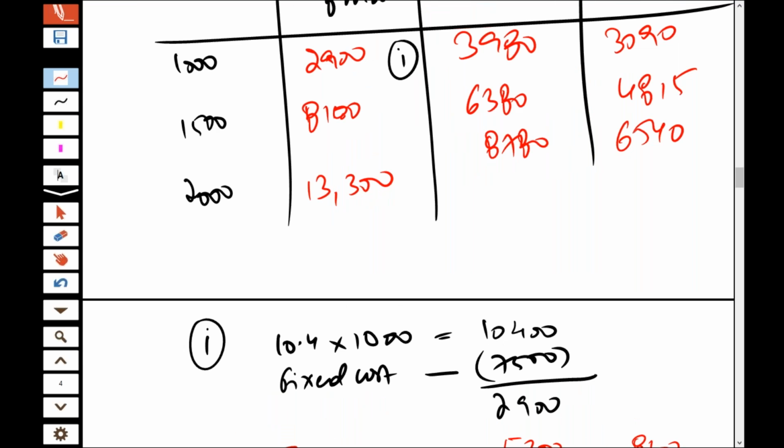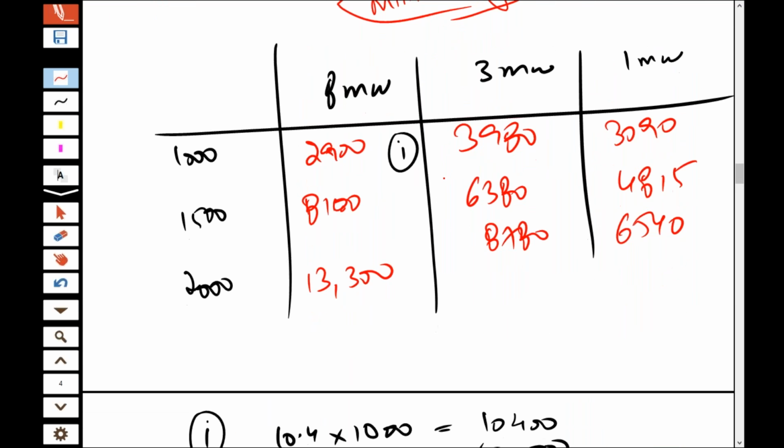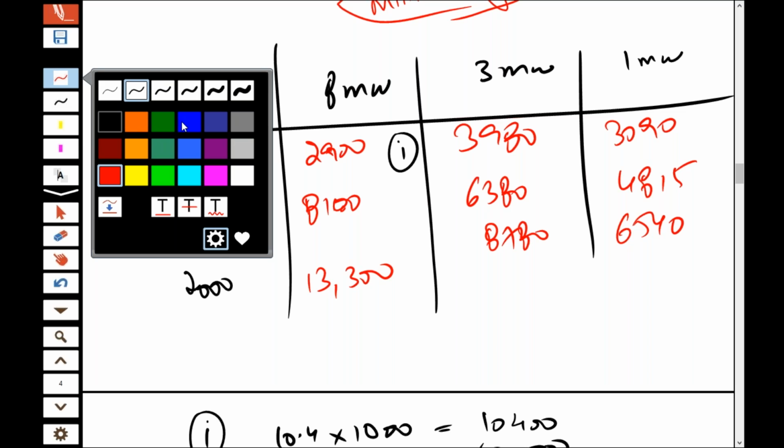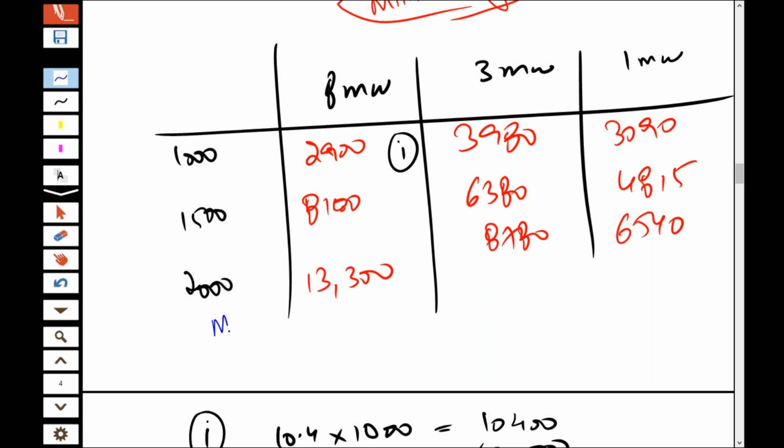Now let's use this in order to go for maximax and maximin. For the maximax, you have the 8 megawatt at 13,300, the 3 megawatt at 8,780, and the 1 megawatt at 6,540. So if you go for maximax, it's the 8 megawatt.